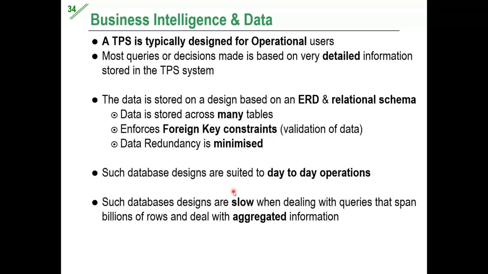You can see that transaction processing systems are designed exclusively for these operational users, right? By establishing foreign key constraints and all these check constraints, and putting in all these other validation operations, etc. So if I run all these aggregated queries on top of this transaction processing system, what will happen?